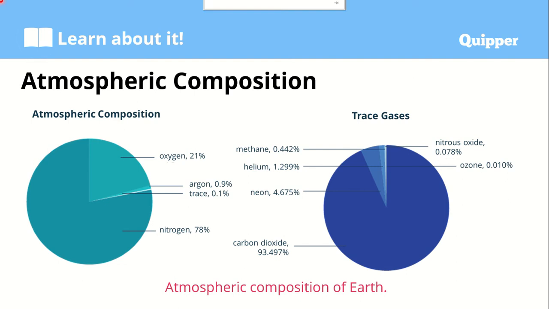Alright, so we have here the atmospheric composition. So the oxygen class and the nitrogen, they are the most abundant gases in the atmosphere.